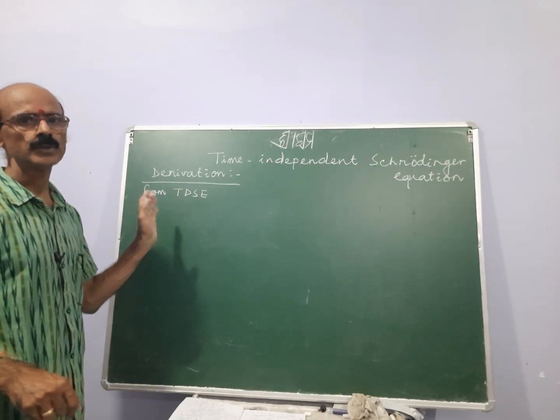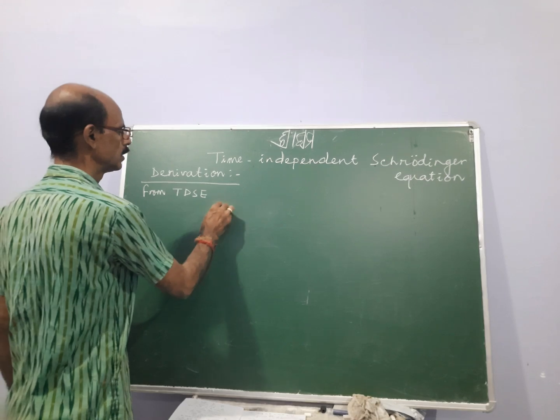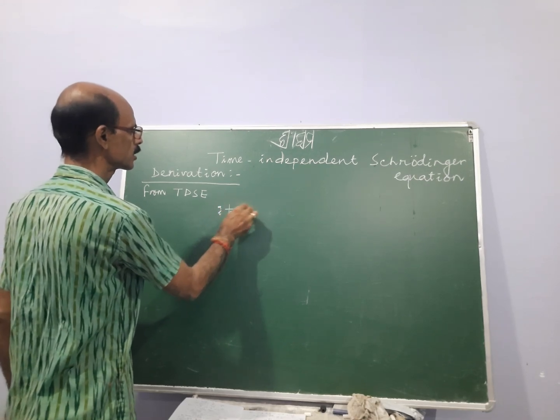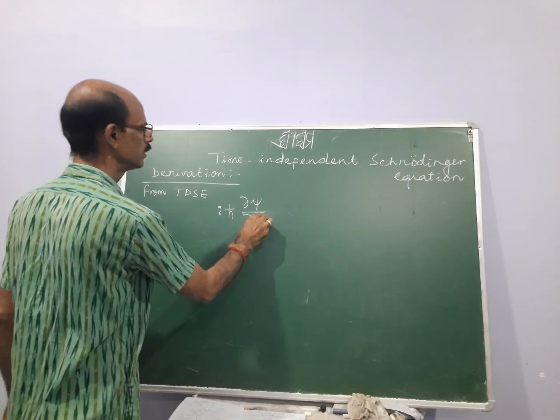From the time dependent Schrodinger equation, we have i h cut del psi by del t.